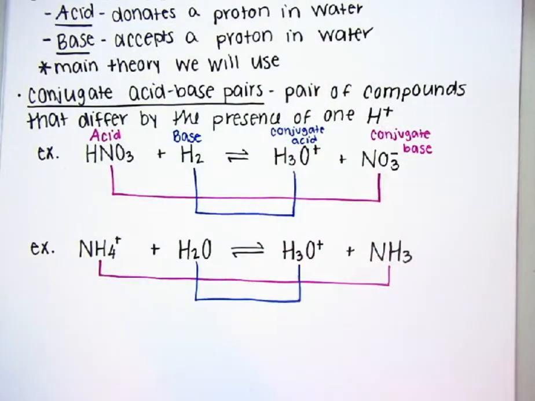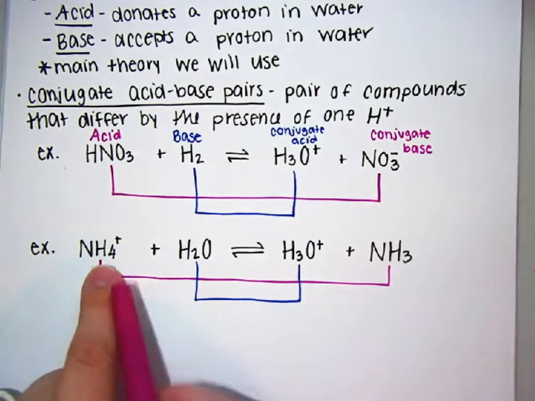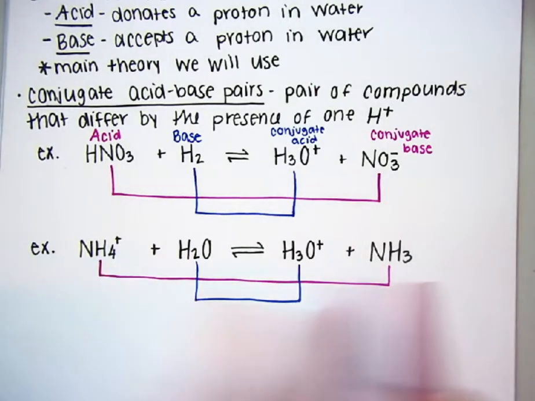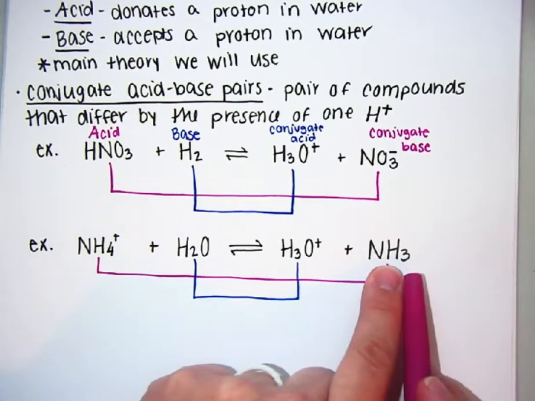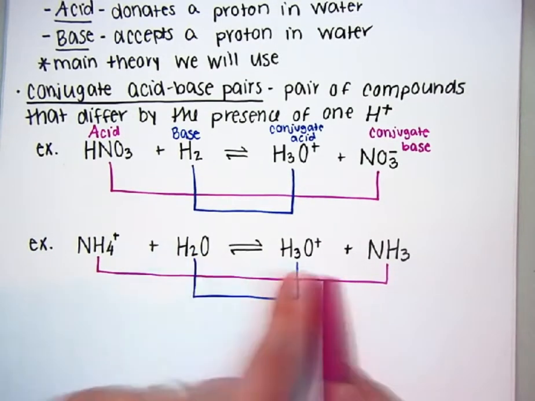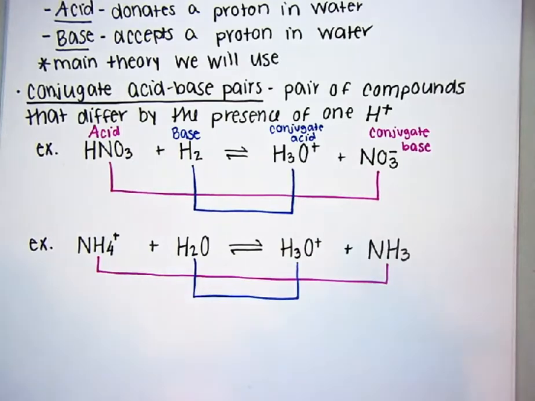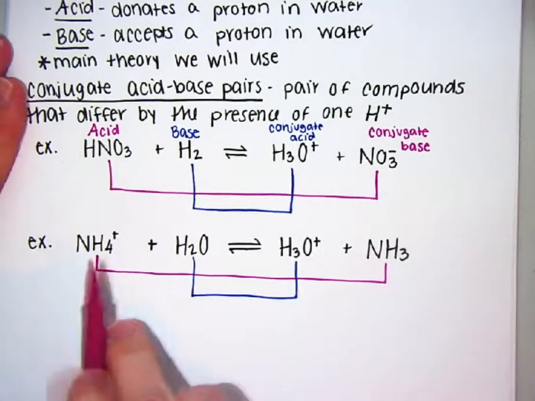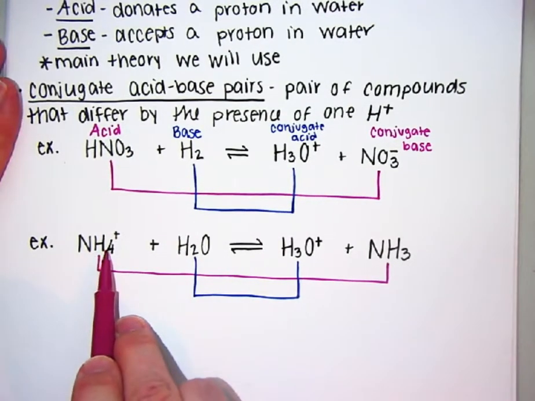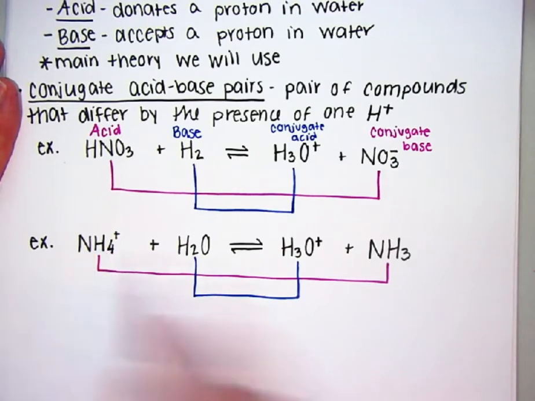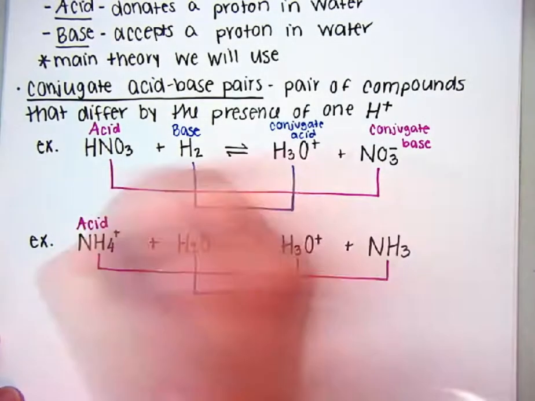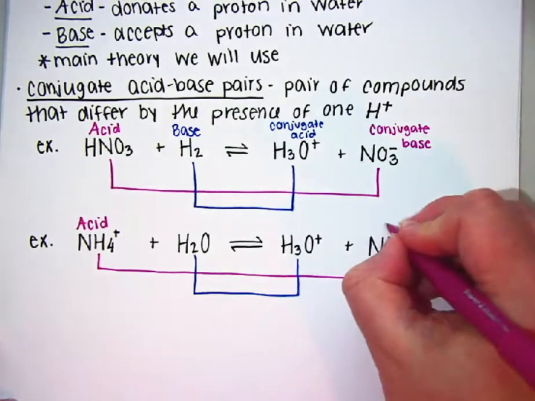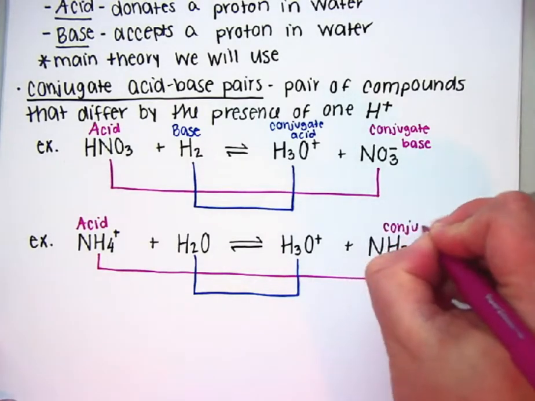So the acid would lose a proton, H4 down to H3 or H2 up to H3. Which one is donating or losing the proton? The ammonium ion is. It's going from 4 hydrogens down to 3. This would be my acid. NH3 ammonia would be its conjugate base.